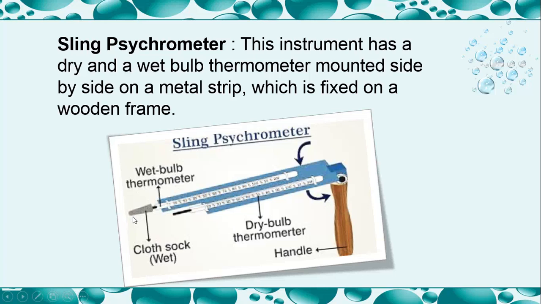Once ready, the instrument is whirled standing with the back to the sun at the rate of 4 rotations per second. The two thermometer readings are used to determine the relative humidity of air using suitable tables and charts.